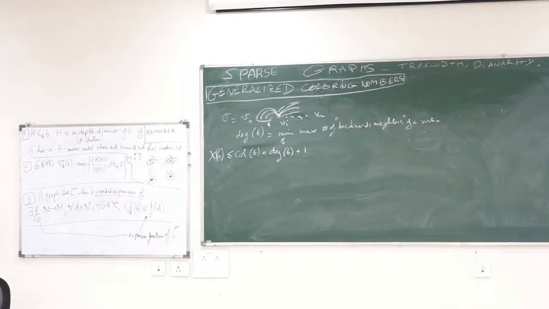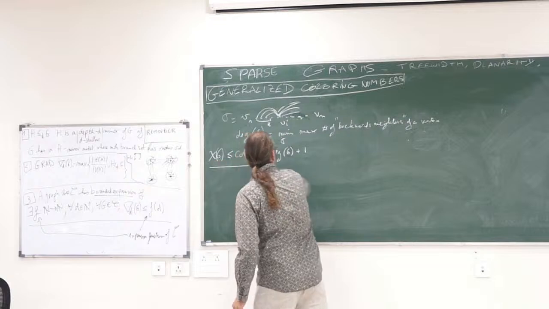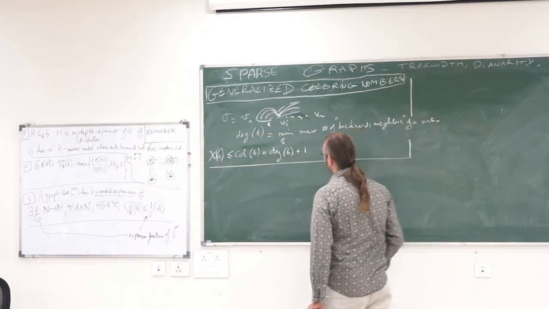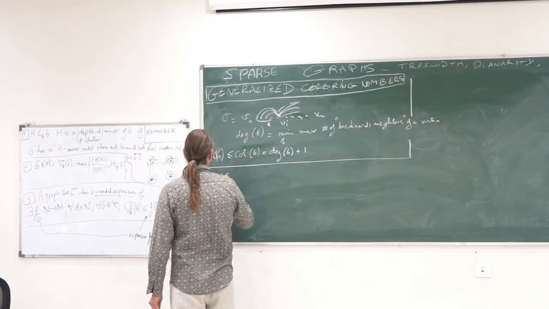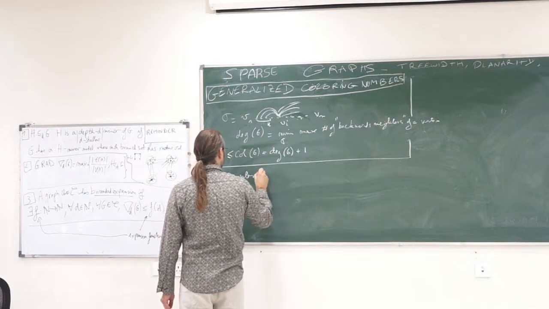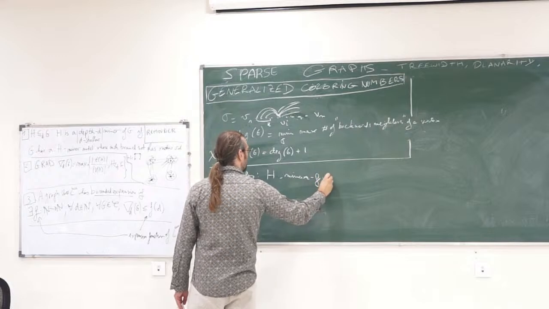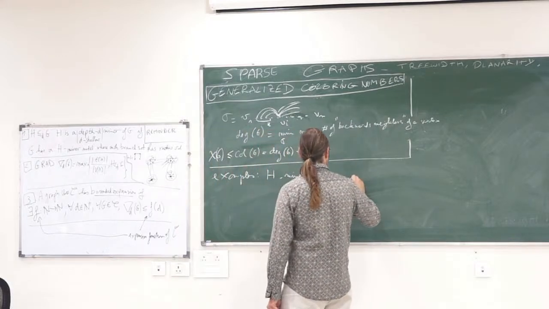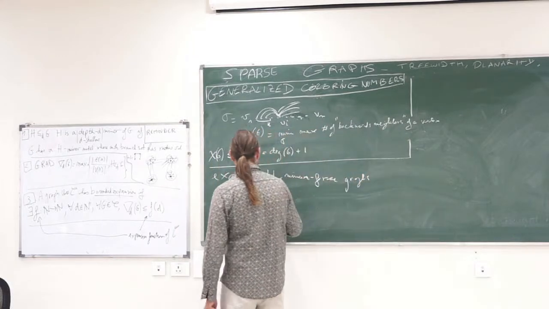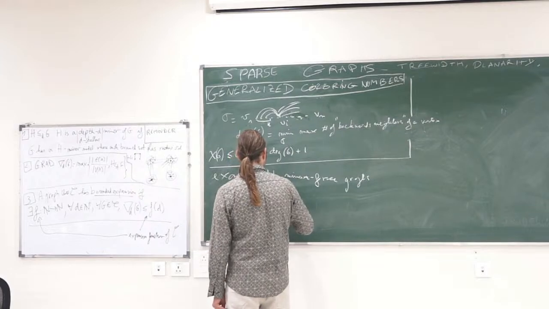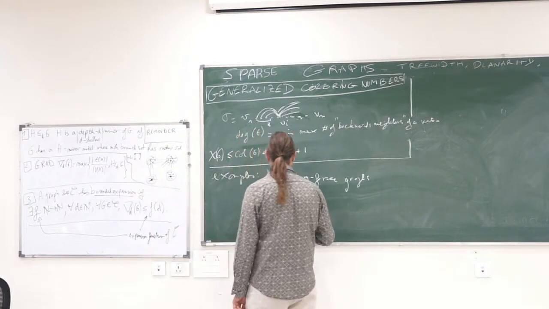Okay, so another example that was given in the tutorial is graphs of maximum degree delta. This is also a graph class of bounded expansion.